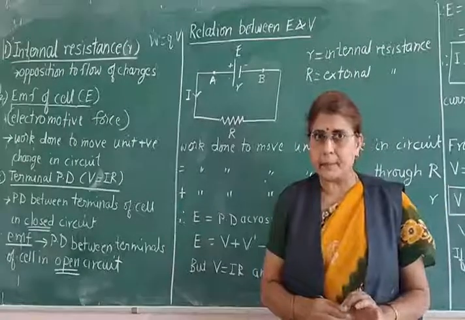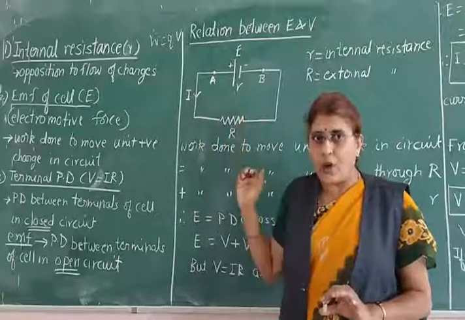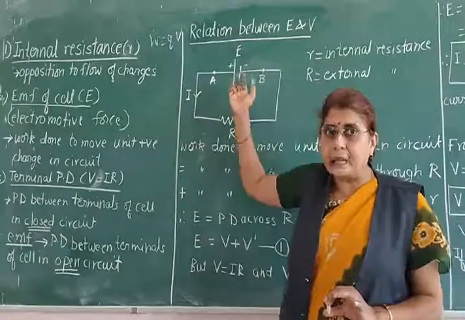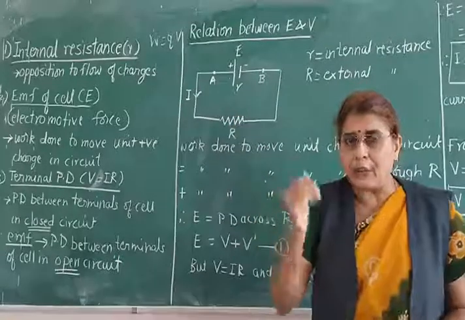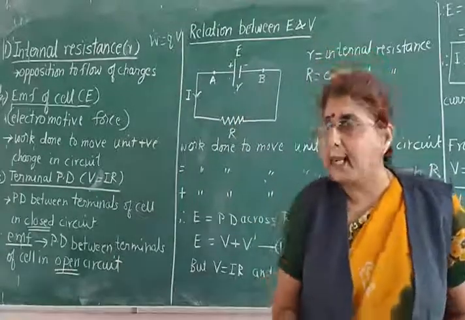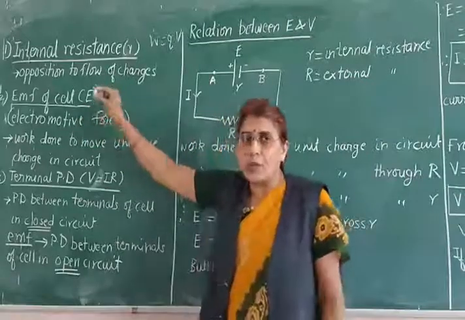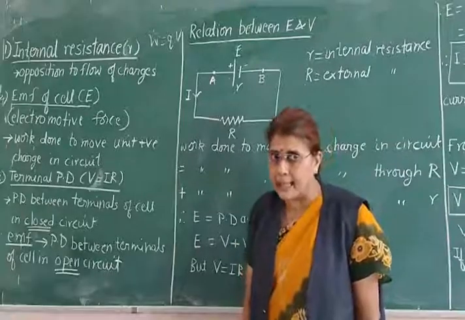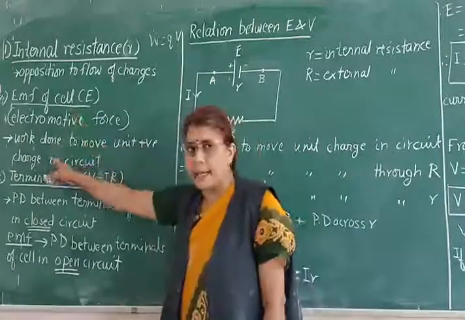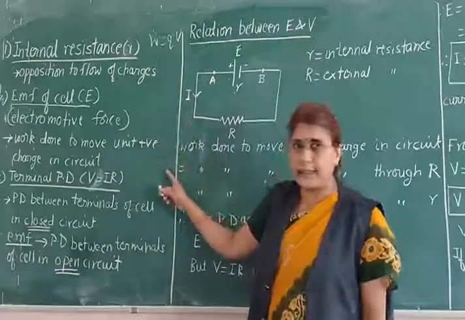Now here also, when you connect a cell in a circuit, there is a flow of charges. So work is done by the cell to move the charges in the circuit. With reference to the work done by the cell, we define the constant EMF of a cell. So how to define EMF of a cell? A very basic definition of EMF of a cell is the work done by the cell to move unit positive charge in the circuit.